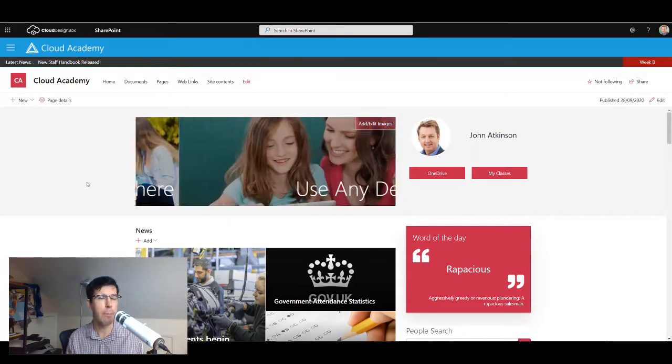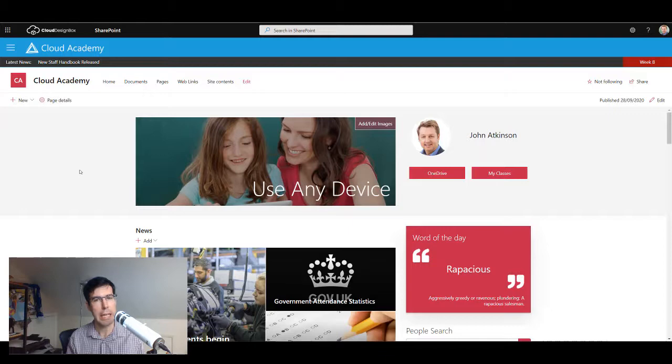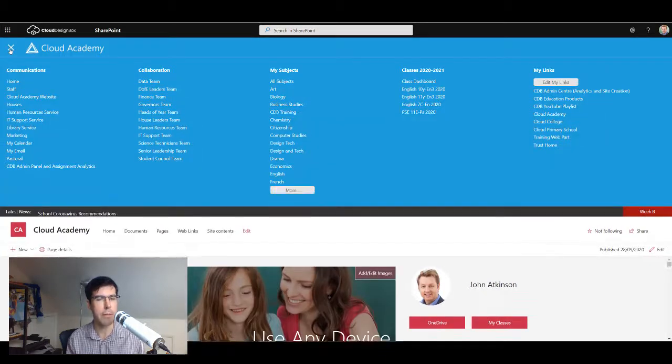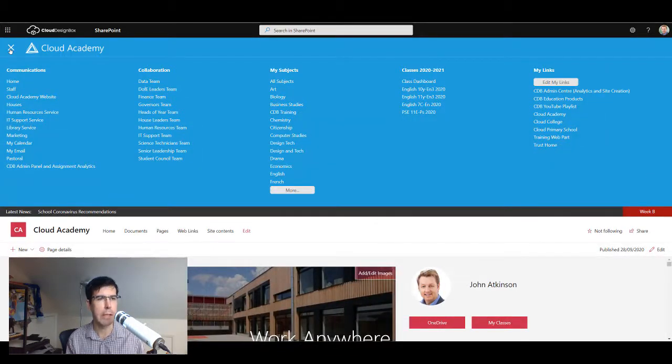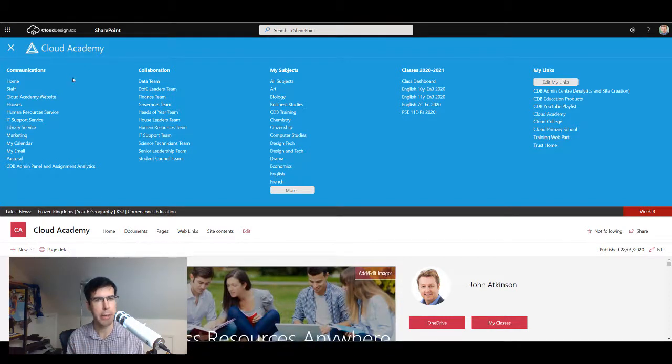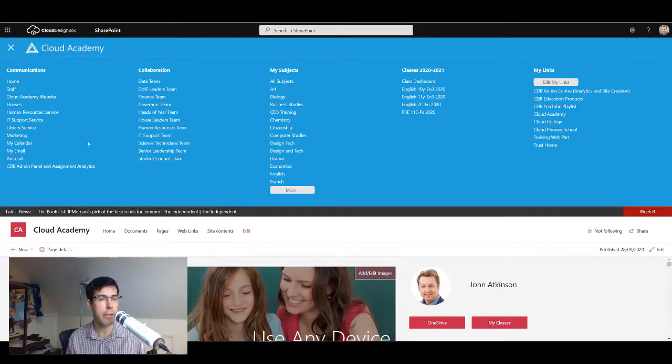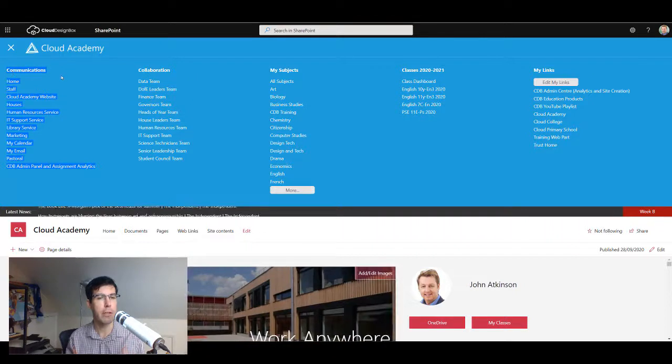If we open up the menu at the top here, just so I can easily describe the different types of sites and teams that you will need long term, I've ordered these by the different types of sites. So you've got communication sites inside SharePoint, and like I said, those are for publishing information to large groups of people within the organisation.